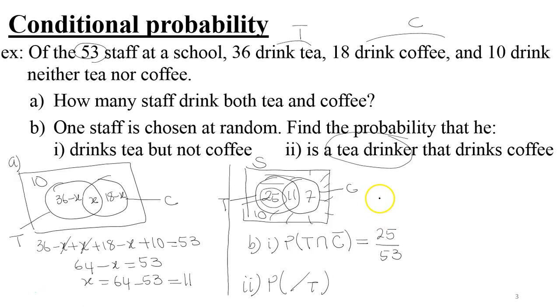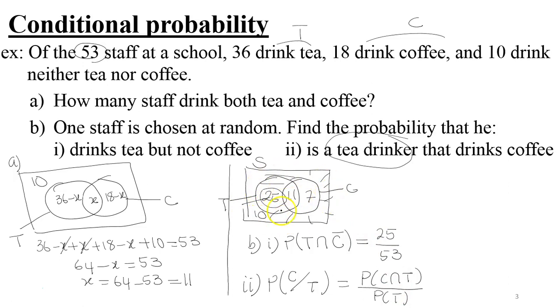So drinking tea is a realized event. So we want the probability that the staff member drinks coffee knowing that he already drinks tea. In fact, that's the probability of C inter T divided by the probability of T.